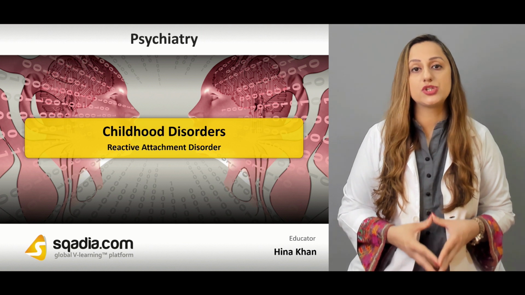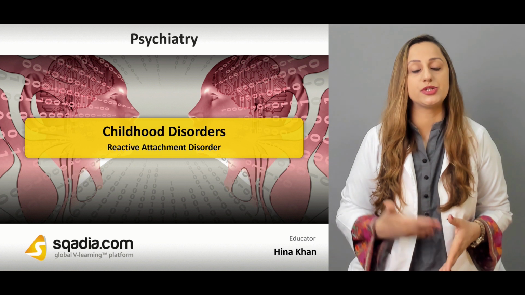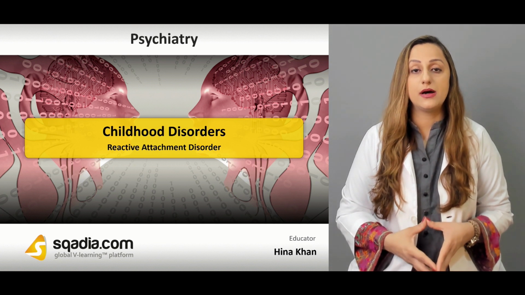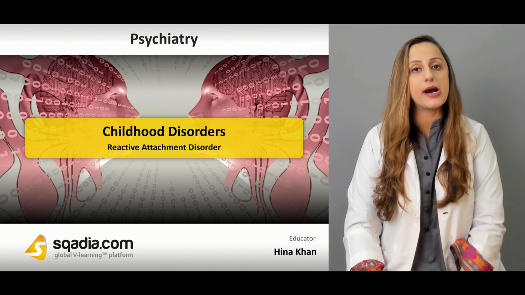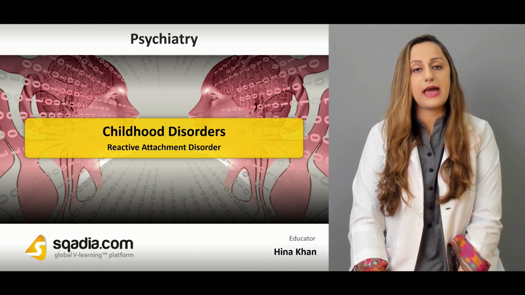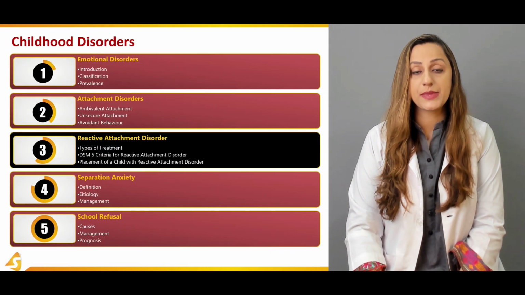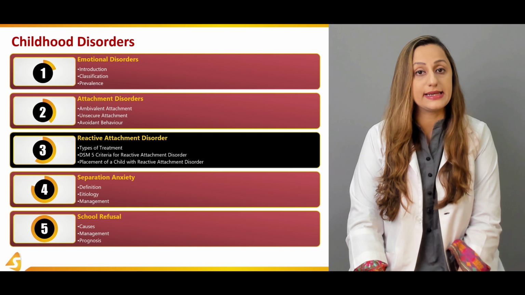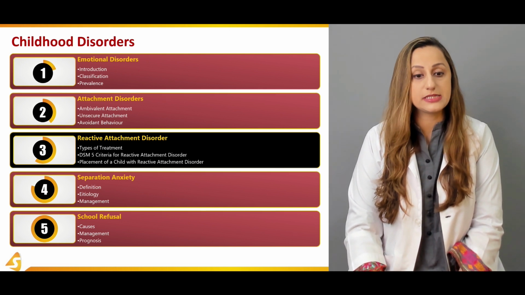When we talk about children and adolescents suffering from this disorder, we can work on them and have much better outcomes. So we should know how to diagnose these children, and how to treat and manage them as well, is very important. So we'll be discussing the treatment guidelines for people suffering from reactive attachment disorders.